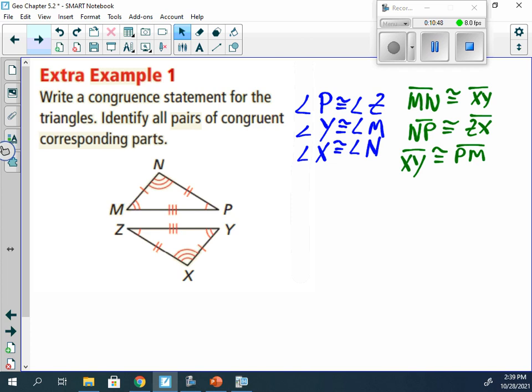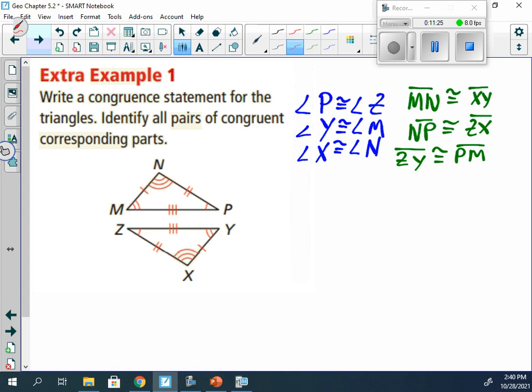And XY and PM, because both of those lines have 3. PM? ZY, yes. It should be ZY, not XY. Thank you. Yep. I think that's where you were. Yeah, I bet you got it right. I got it written wrong. Yes?